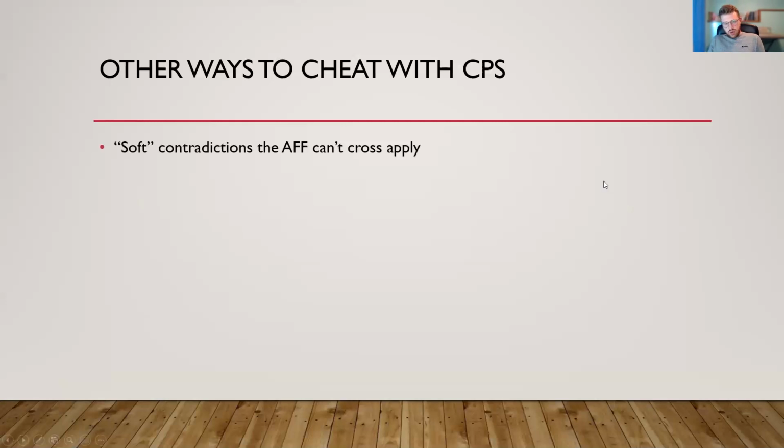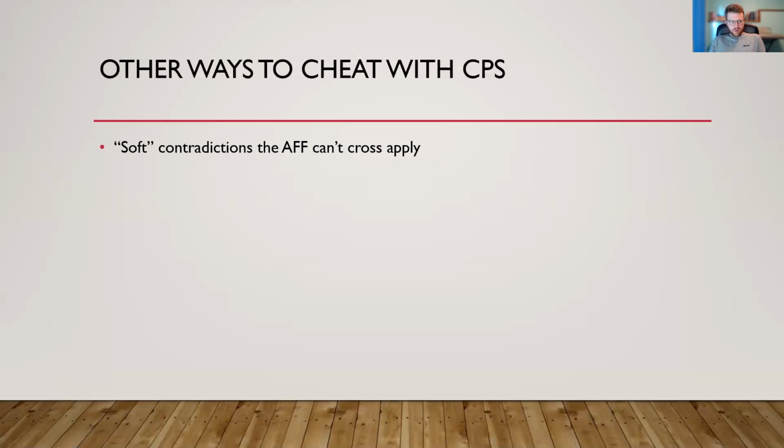The most obvious one is you can make soft contradictions between which the affirmative cannot really make cross applications. The free market counterplan and the strict regulation counterplan, you can read them both at once. The affirmative has to say both are bad. The affirmative cannot cross apply the free market counterplan to disprove the strict regulation counterplan, because that is not how that works.